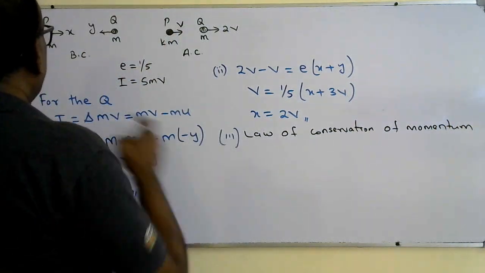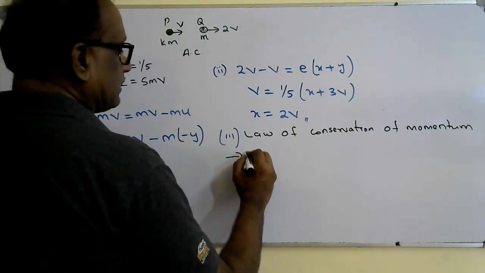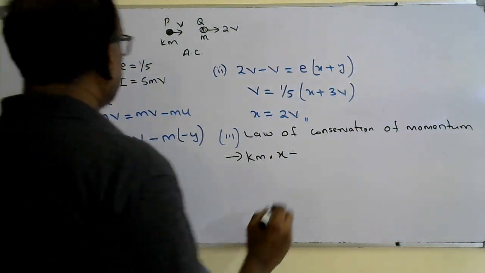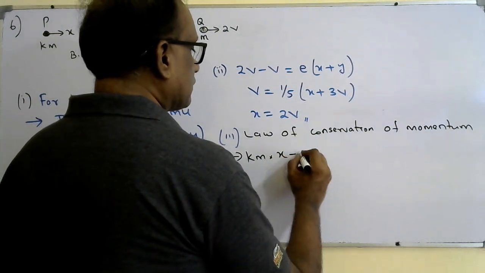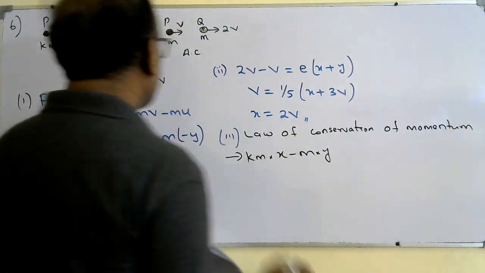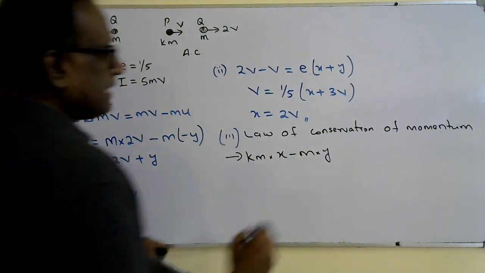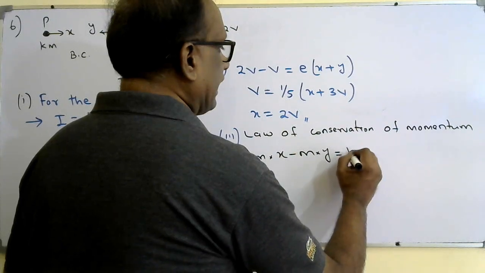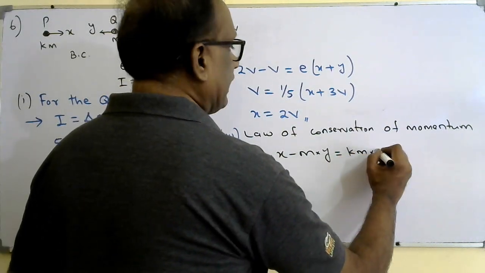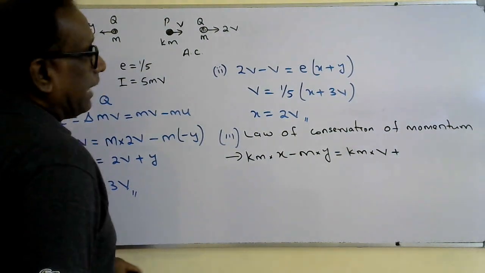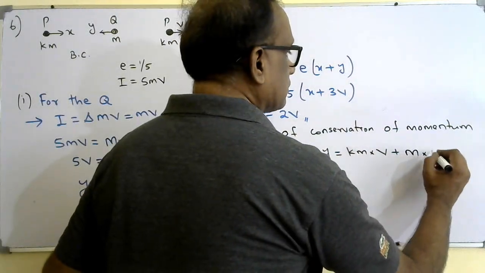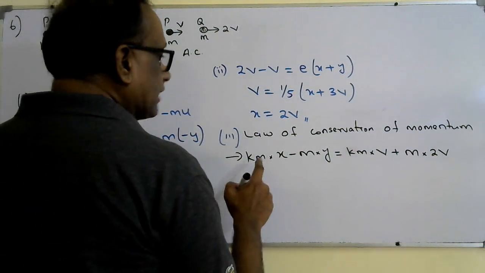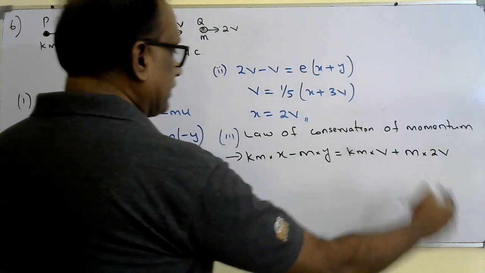So I'll use just the law of conservation of momentum. That is, I'm taking k towards the right: km into x minus m into y, because of opposite direction, m into y, is equal to km into v plus m into 2v. Okay, so here you can substitute x and y values, and all the m will get cancelled.